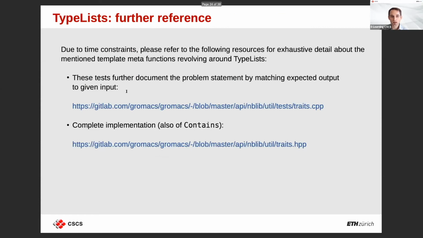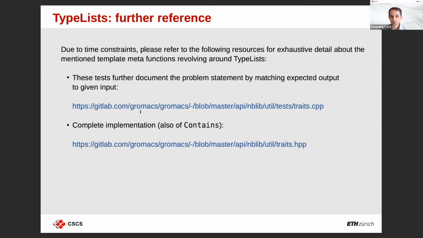I don't really have time to go through the details of how all those type traits work and operations on type lists, but you can look that up. It's actually a pretty minimal implementation.